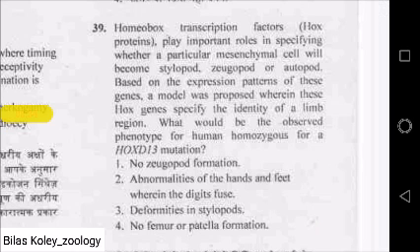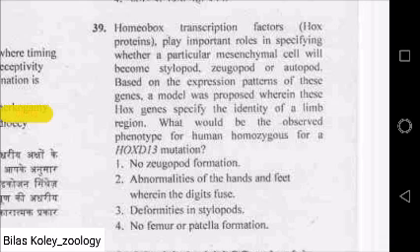Now we will discuss question number 39. Homeobox transcription factors, that is HOX proteins, play important roles in specifying whether a particular mesenchymal cell will become stylopod, zeugopod or autopod. Based on the expression patterns of these genes, a model was proposed where these HOX genes specified the identity of a limb region.